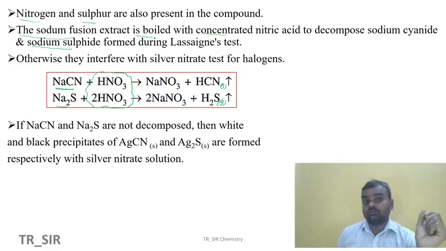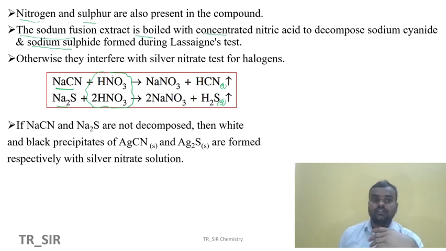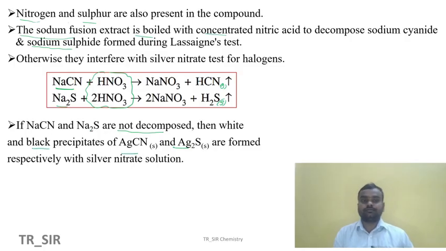So why do we have to remove them? If they are available, they interfere with the confirmation test of halogens. For that reason, we need to first separate them. Otherwise, they interfere with the silver nitrate test for halogens. If NaCN and Na2S are not decomposed, then white and black precipitates of AgCN and Ag2S will be formed.